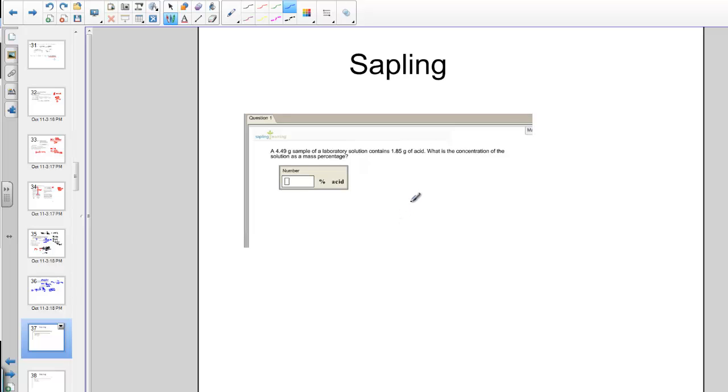We have a 4.49 gram sample of a laboratory solution that contains 1.85 grams of acid. What is the percentage? So I have 1.85 grams of the acid. Now you notice how I'm using that as my solute because it's what I have the least of, over the entire sample weight, which is 4.49.